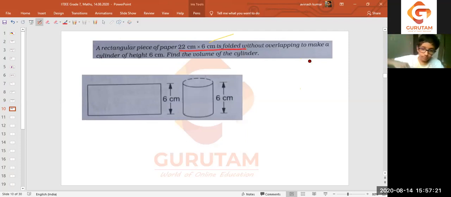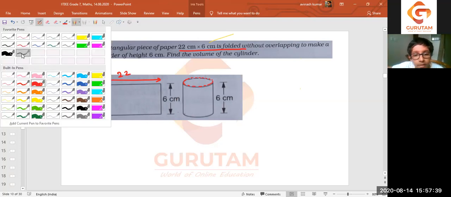Yeah, thickness. This is the length, right? And this length will become the circumference. Correct?